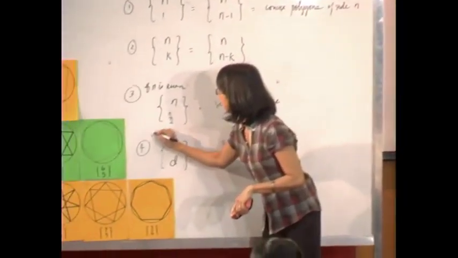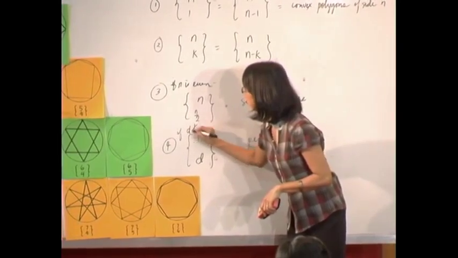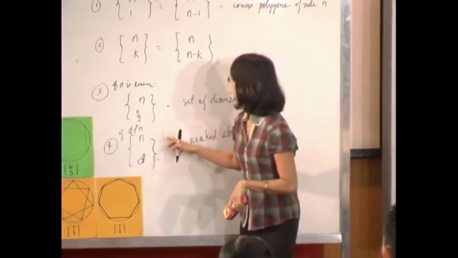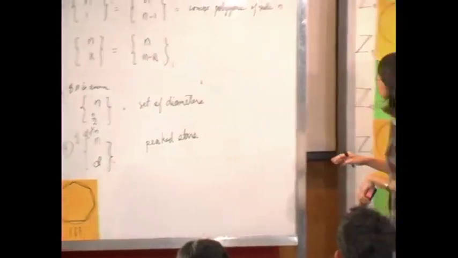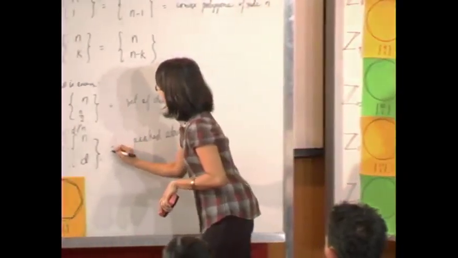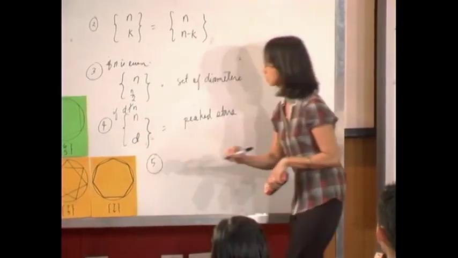No. Okay. So if d does not divide the modulus, we get picked stars. Okay. And any more observations?